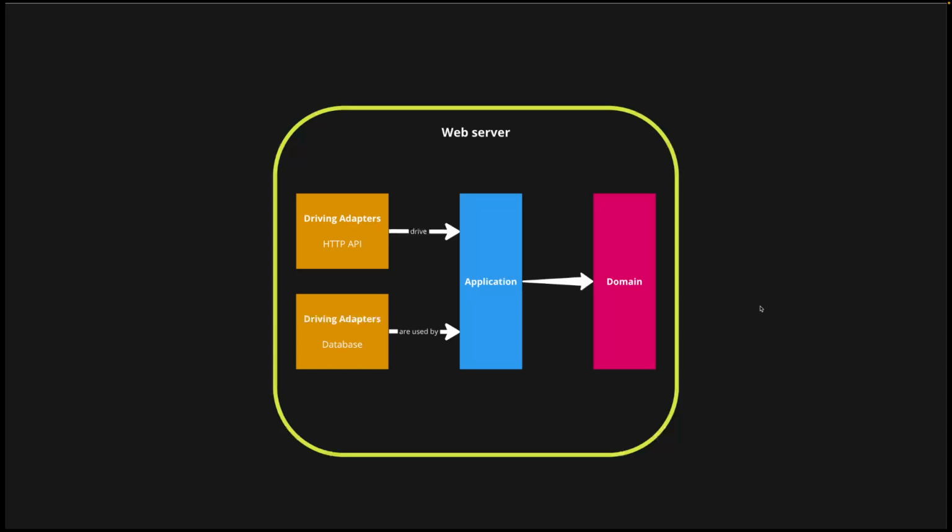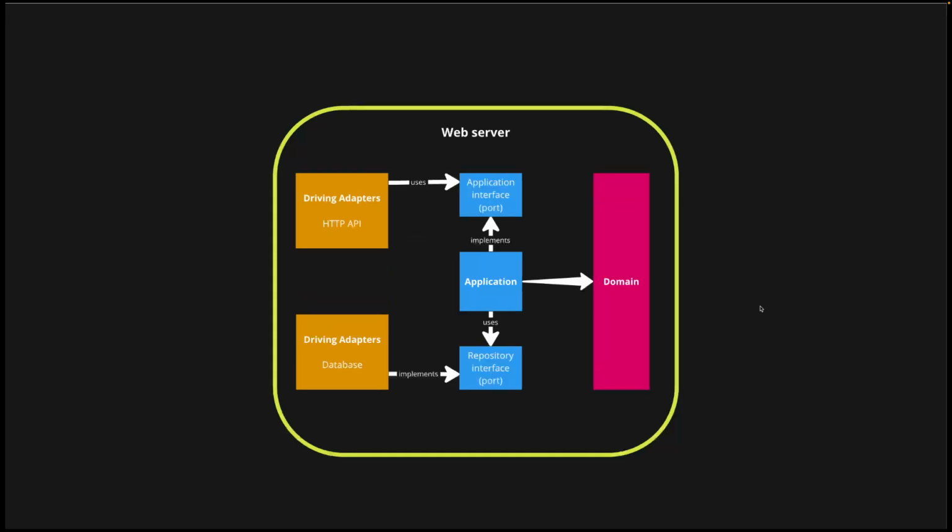And so you can ask, hey, how can an application use a driving adapter if it cannot import from the orange space? To answer this, typically there are a few more entities in the application. Let's look at the top, for example, first. In the hexagonal architecture, you separately define an application interface, which will contain methods like get recipe, or get top user recipes, or get all, or create new recipe.